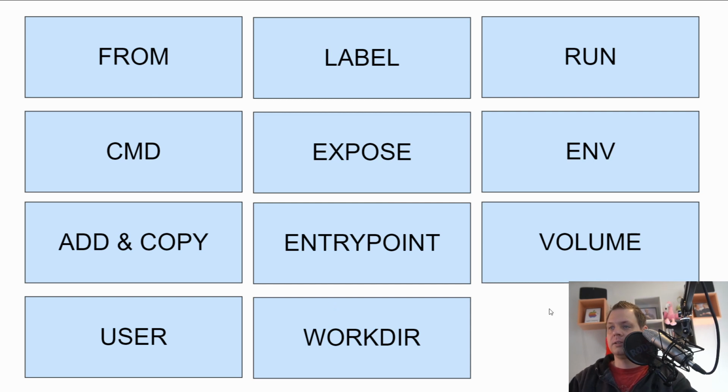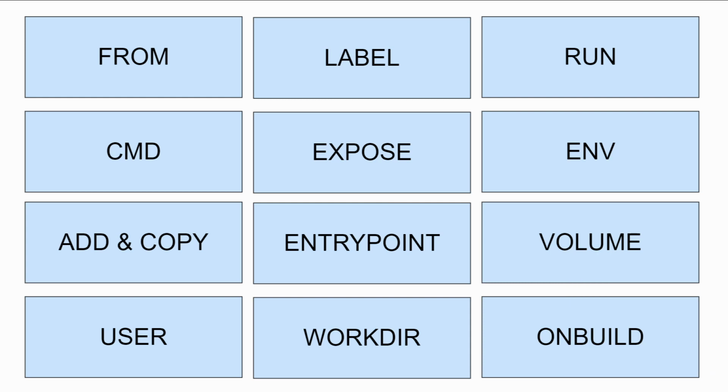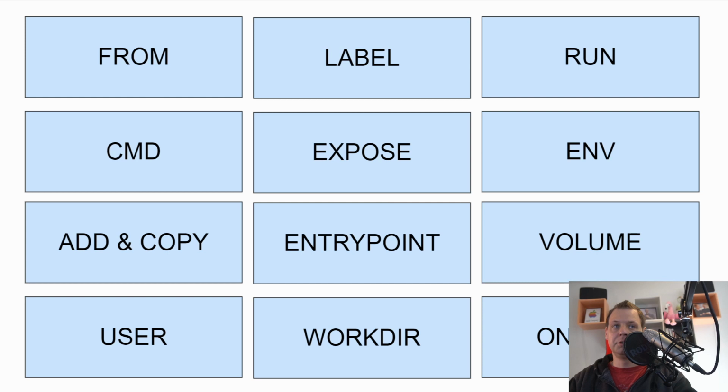Now for the last command, it's called ONBUILD, and I will remove my webcam here so you can see ONBUILD. ONBUILD is used to trigger an instruction in the image when it's used as a base image for another build.